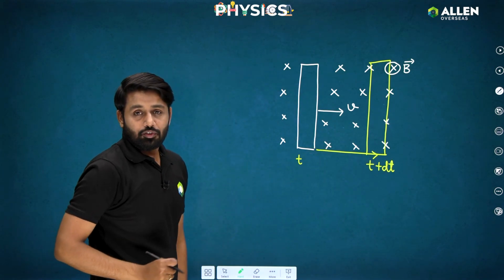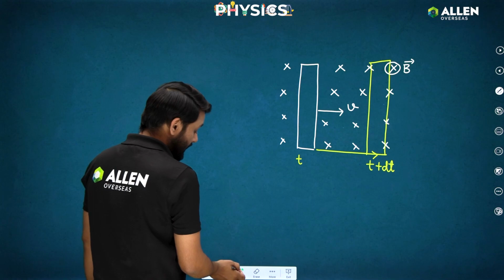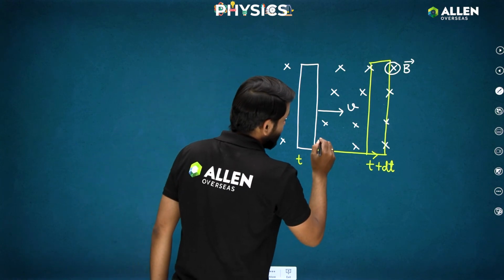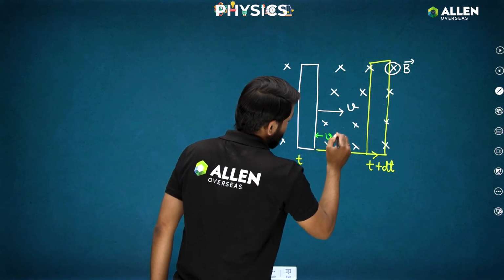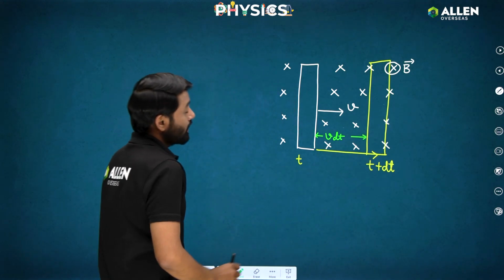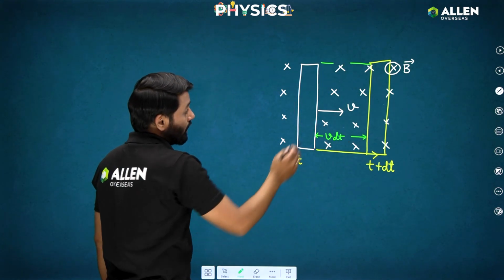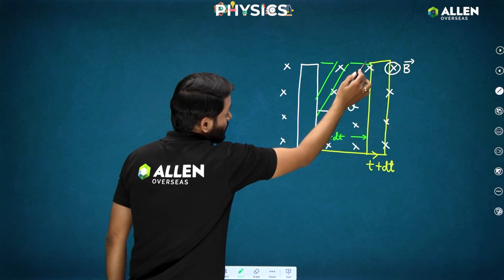In that period of time, this rod is covering some distance. That distance we can write as v dt, right, students? So you can see here, this rod is cutting this much flux.